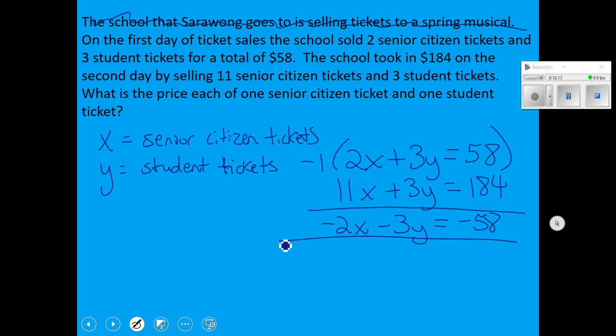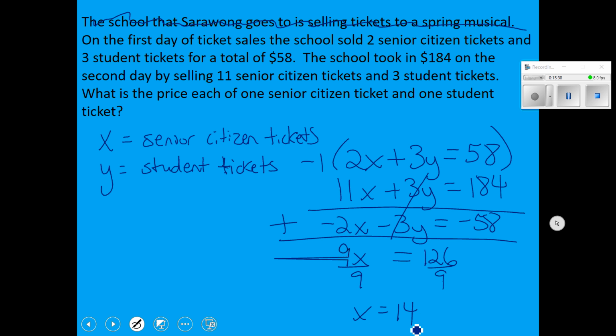So now I'm working with the two bottom ones. So that will make 9x equals 126. And if I divide by 9 on both sides, x comes out to equal 14.